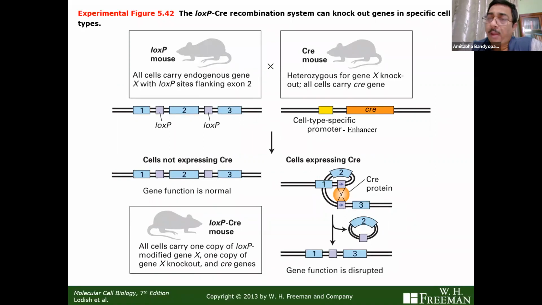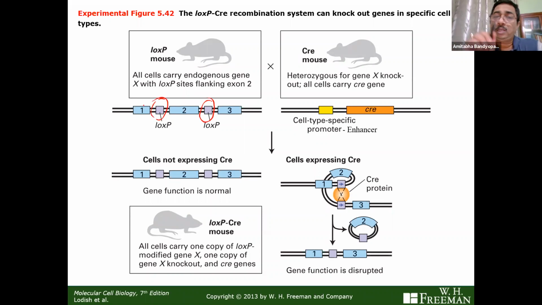So one mouse, which is the LoxP mouse, there what happens is that you simply insert two LoxP sequences. LoxP is the recognition sequence for the Cre recombinase.